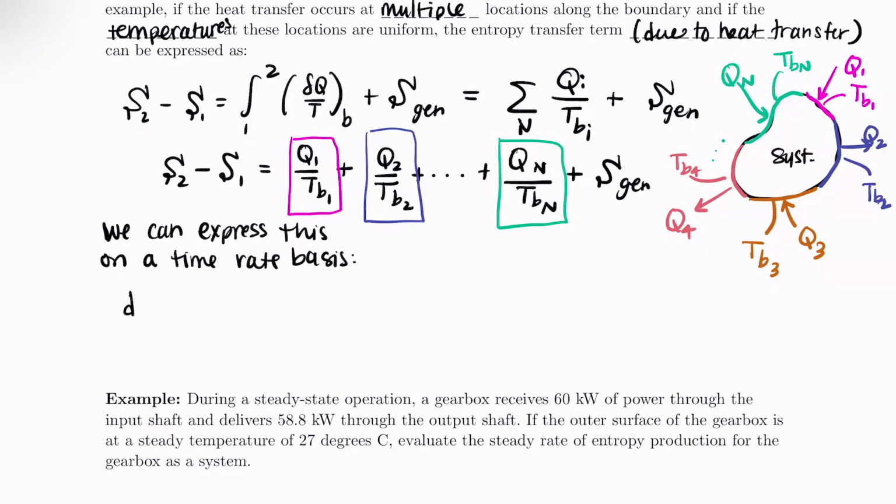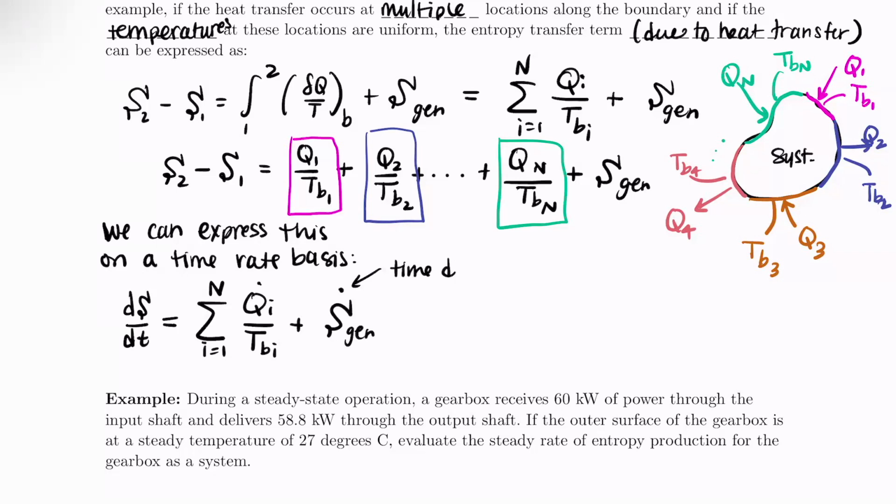So we can say that the time rate of change of the entropy is equal to the sum over all of the boundaries from I equals 1 to n. Actually, I need to fix this one too. So this is I equals 1 to n. All right, of q dot I over TBi plus S dot gen. All right, so this dot is a time derivative.